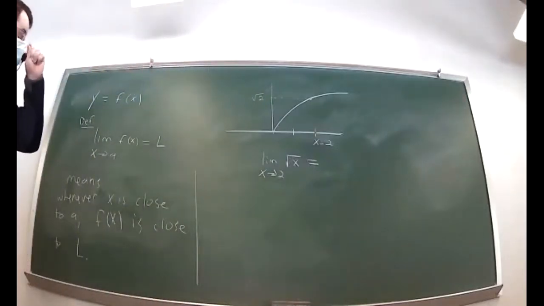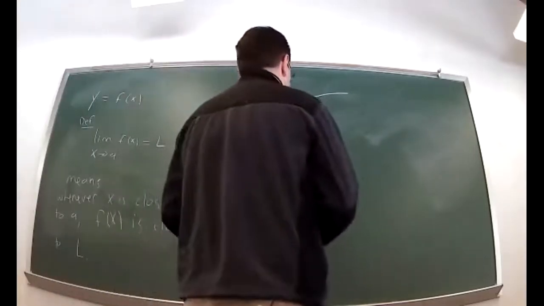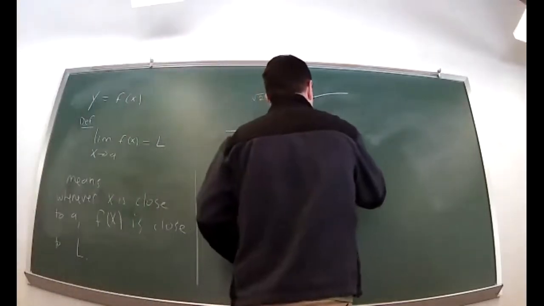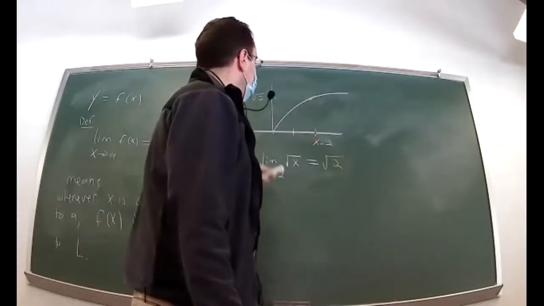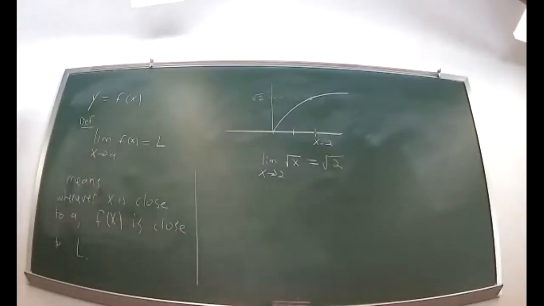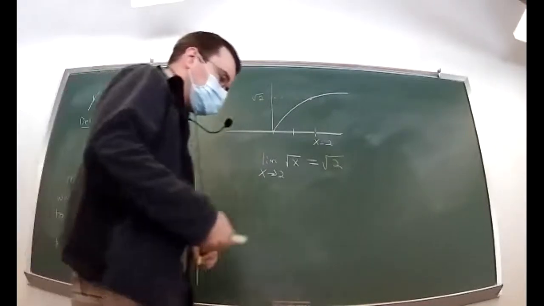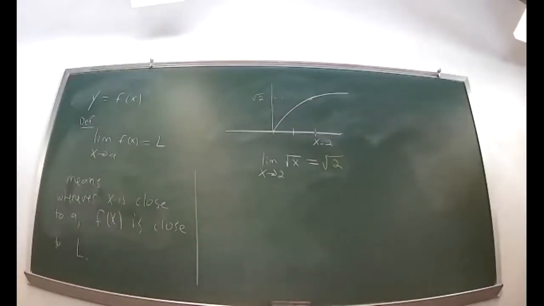And so now you're looking at this and you're saying, well, you're telling me a very common sense thing: as these x values get closer and closer to 2, then the y values are certainly getting closer and closer to the square root of 2. And that's all this concept of limit is saying, which might make you ask, why do we care about it at all?